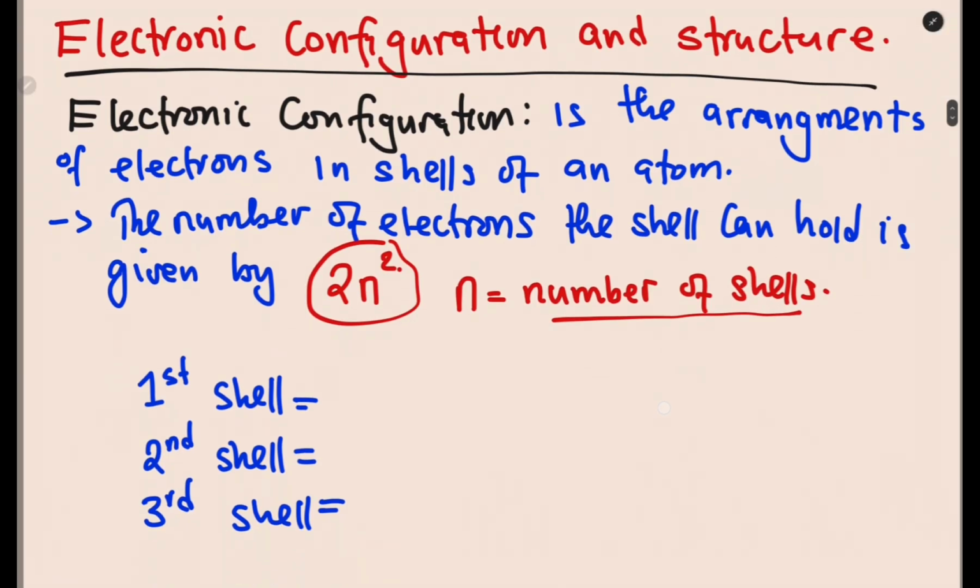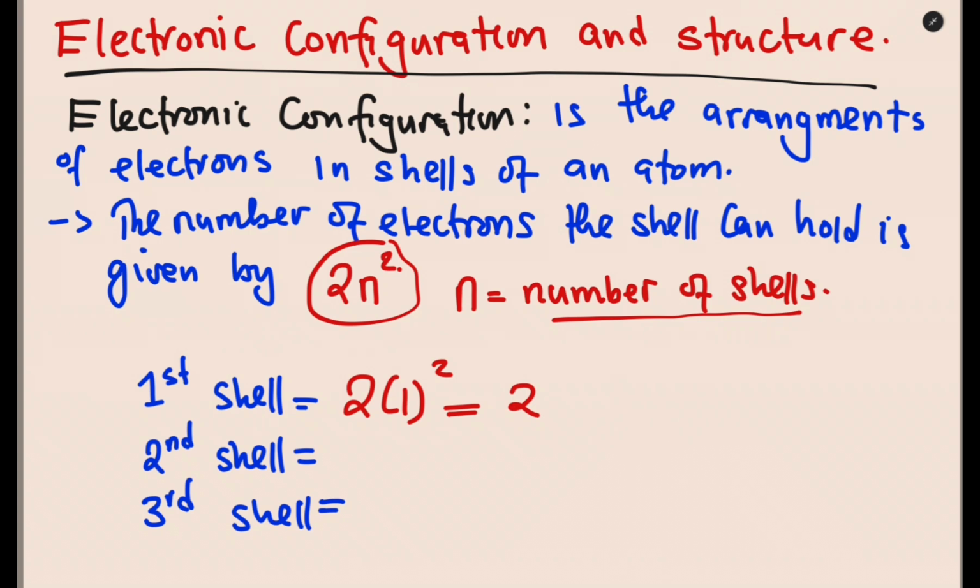For example, in the first shell, n is 1. 1 squared is 1, and 2 multiplied by 1 gives you 2. So in the first shell, you should have only a maximum of 2 electrons and not beyond that.